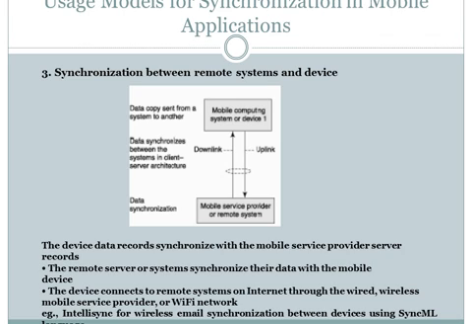So it is two-way. Device records are synchronized with the service provider's records, and also the service provider's records are synchronized with the mobile device records, so it's two-way, both ways.